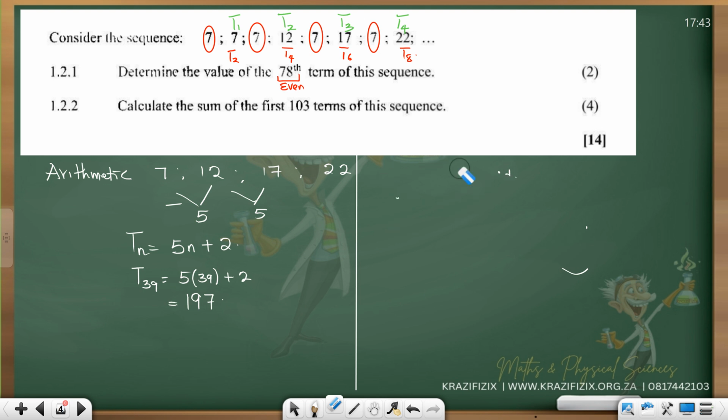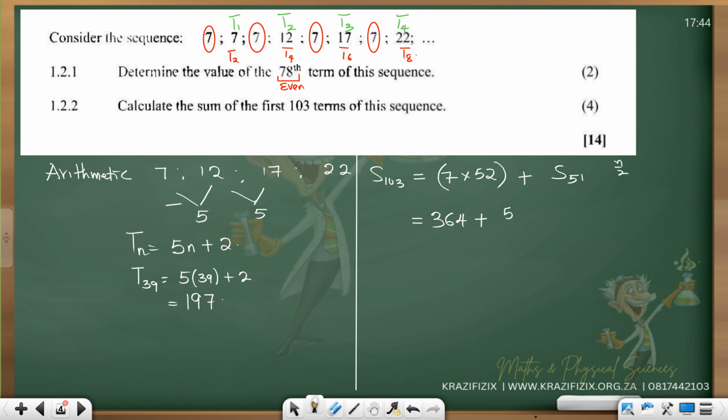So what we then need to do is to say the sum of 103 terms will be 7 times 52, because there are 52 sevens, plus the sum of how many arithmetic did we say? 51. What is 7 times 52, by the way? 364. Plus, what's our formula?